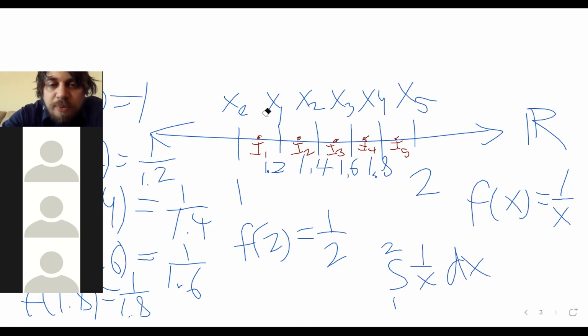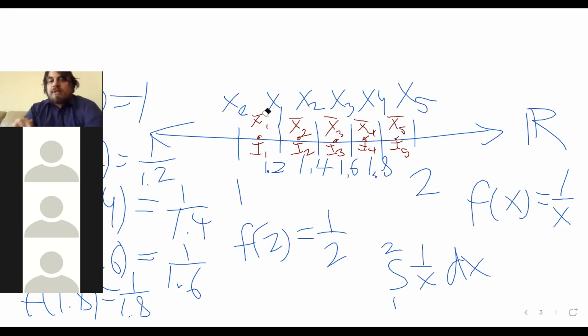So x1 bar is the midpoint of this first subinterval I1. x2 bar is the midpoint of the second subinterval I2. x3 bar is the midpoint of the third subinterval I3. x4 bar is the midpoint of the fourth subinterval I4.